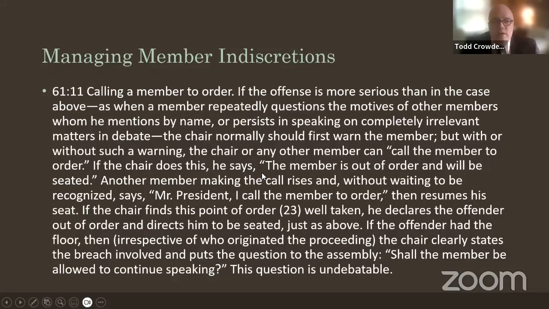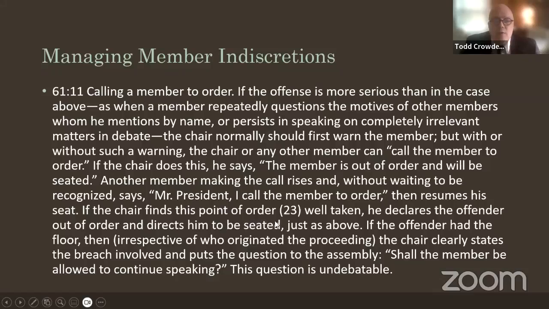If the chair does this, he says, the member is out of order and will be seated. Another member making the call rises and without waiting to be recognized says, Mr. President, I call the member to order, then resumes his seat.